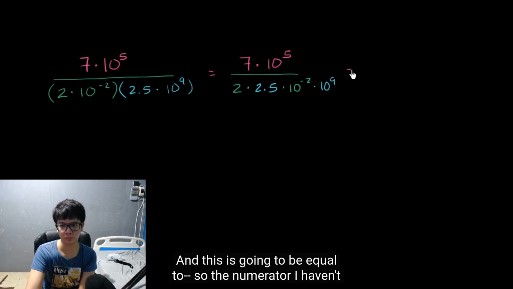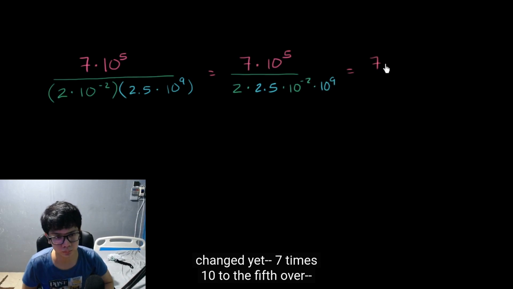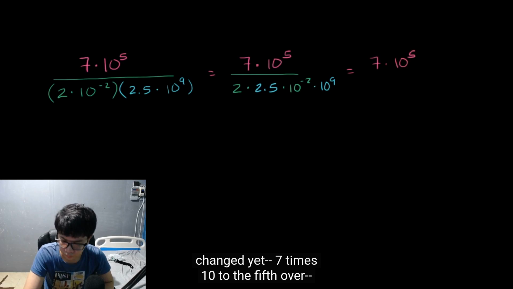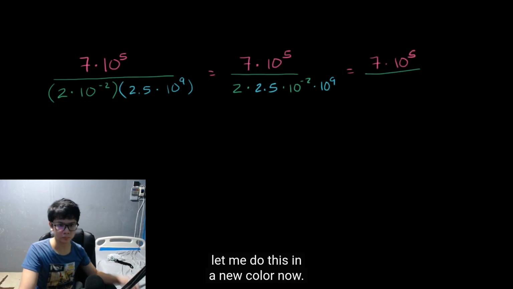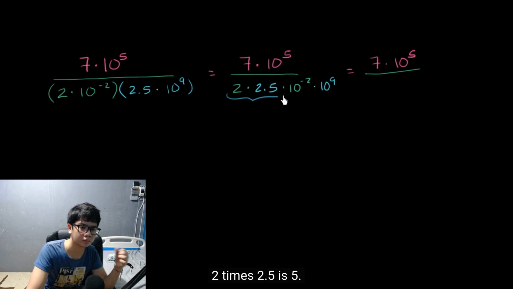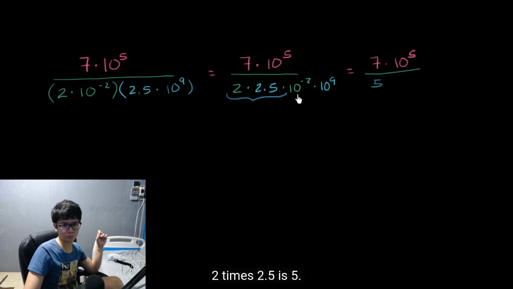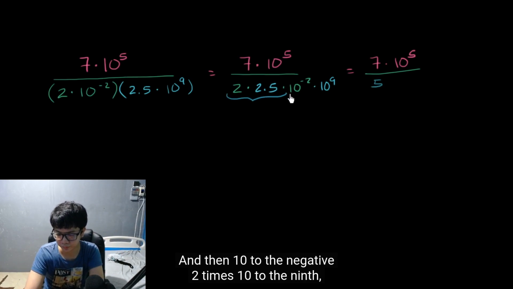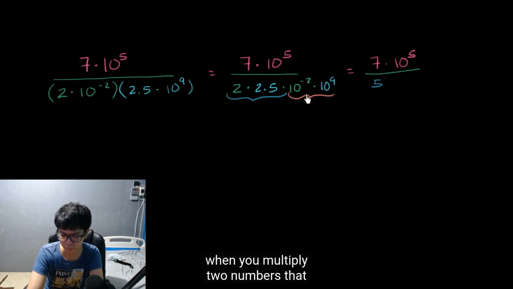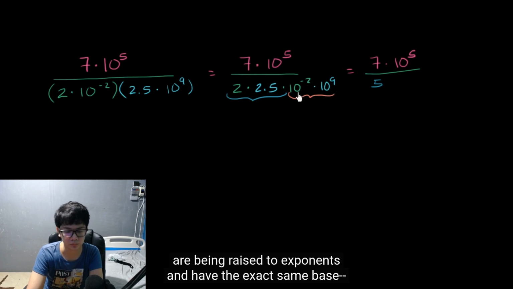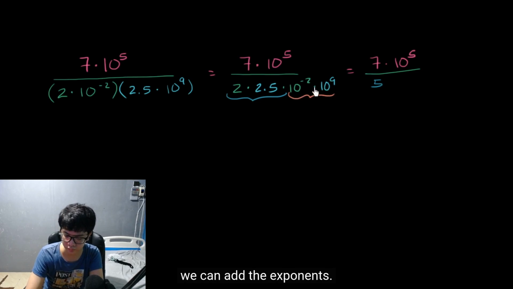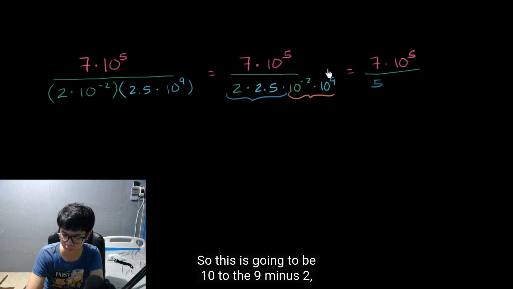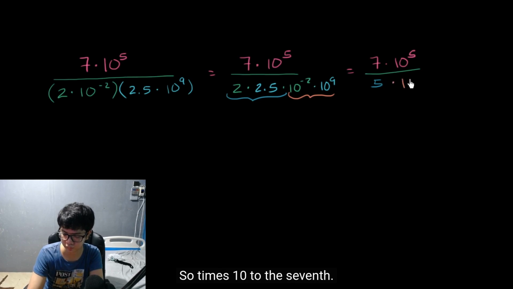And this is going to be equal to, so the numerator I haven't changed yet, 7 times 10 to the 5th over, in the denominator, 2 times 2.5 is 5, and then 10 to the negative 2 times 10 to the 9th. When you multiply two numbers that are being raised to exponents, and they have the exact same base, it's 10 to the negative 2 times 10 to the 9, we can add the exponents. So this is going to be 10 to the 9 minus 2, or 10 to the 7th. So times 10 to the 7th.